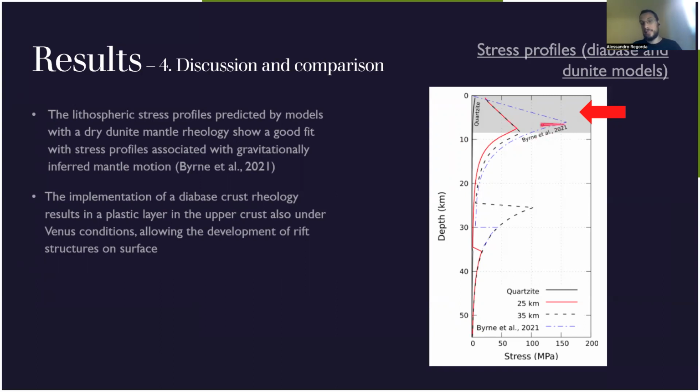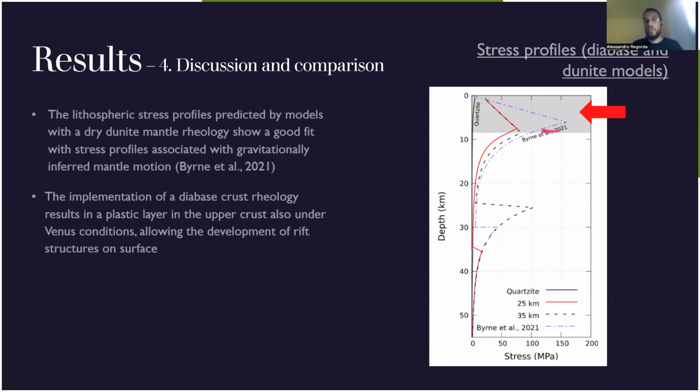There are differences in the maximum yield stress, but this one is related to the parameters of the plasticity we chose. And if we choose those parameters, these lines will change. But I think that will not affect deeply the evolution of the rifting.